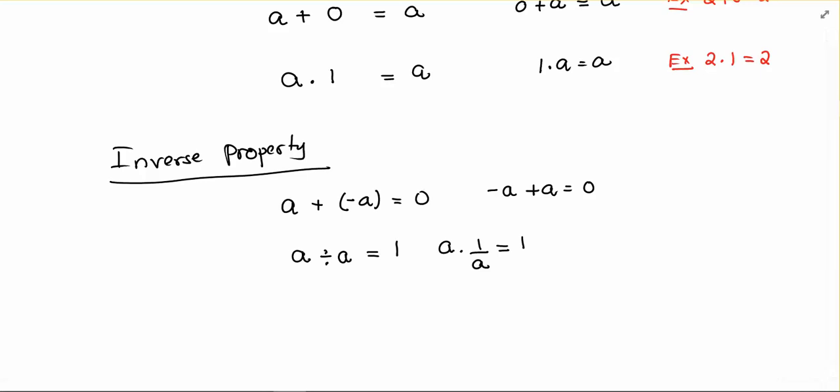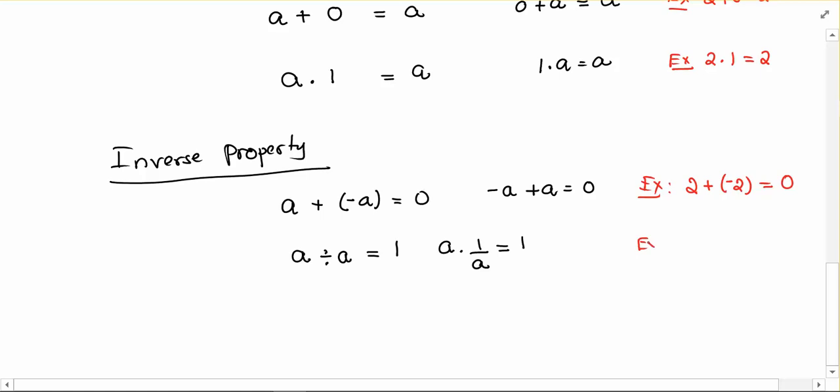So examples of this as well. In this case, that would be like saying 2 plus its inverse, -2, it's going to give me 0. And in this case, multiplication, 2 times 1 over 2, that's going to give me 1, cancelling out the 2. The 2 was cancelled out in both cases. Okay, that's it.